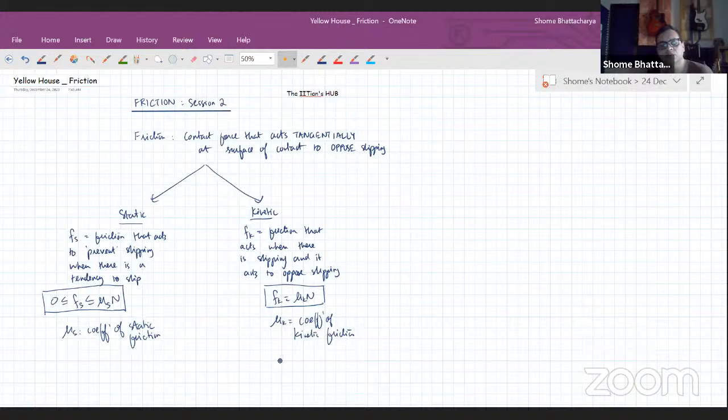In general, we saw that the coefficient of kinetic friction is less than or at best equal to the coefficient of static friction. So these are some of the aspects that we learned last time.